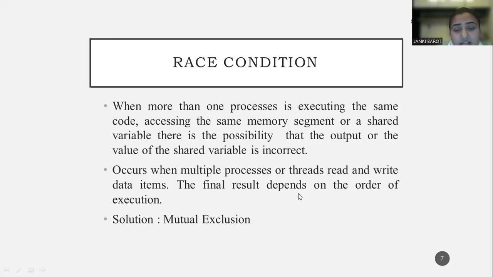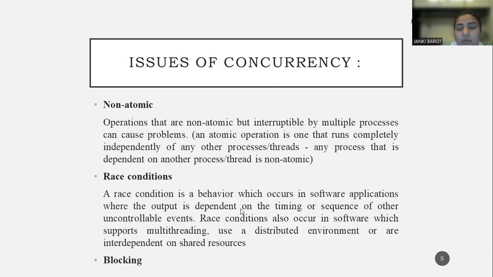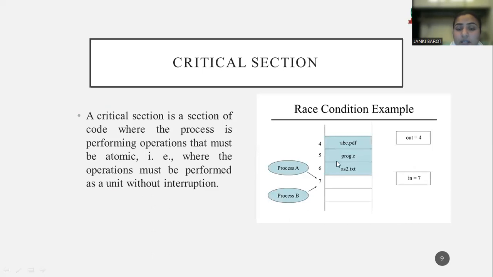The final result depends on the order of the execution. What does it mean? If process A comes before process B, and it will occupy the 7th slot.